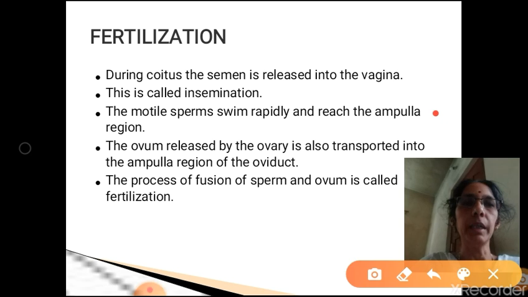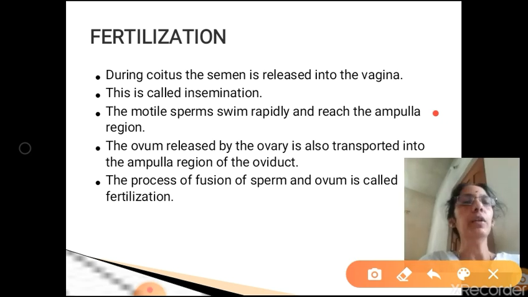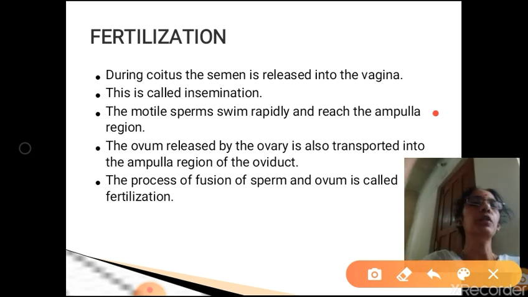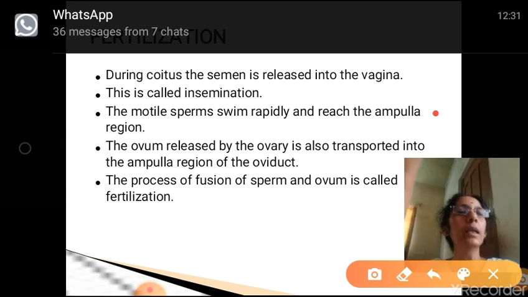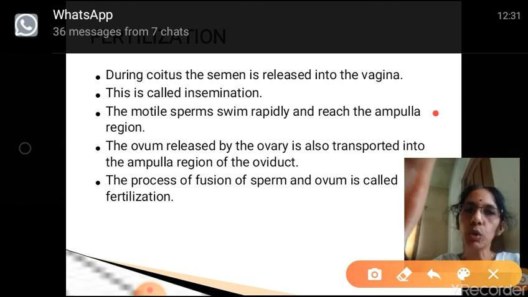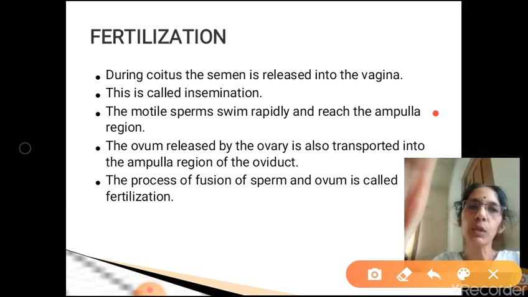When you studied the oviduct or fallopian tube, you studied the part of the fallopian tube that is very close to the ovary, which consists of finger-like projections called the fimbriae, then comes the infundibulum.